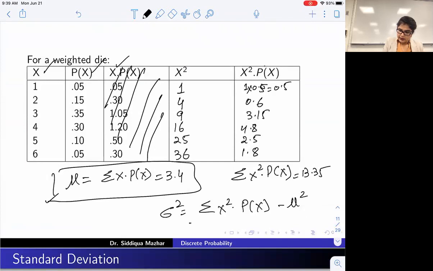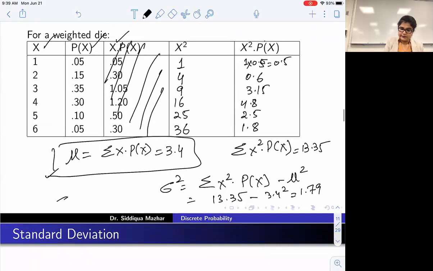So variance is the sum of x square times p of x minus mu square. So this value is 13.35 minus 3.5 square. So what is the value? 1.79. So it means variance is 1.79.